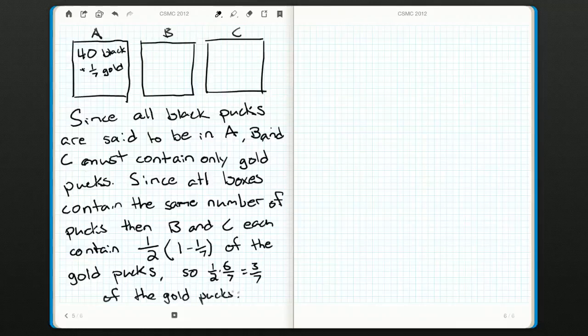If you wanted to, you probably could have introduced let G, capital G, be the number of gold pucks. Then you'd have 40 black plus 1/7 G. In fact, how about we do that now?